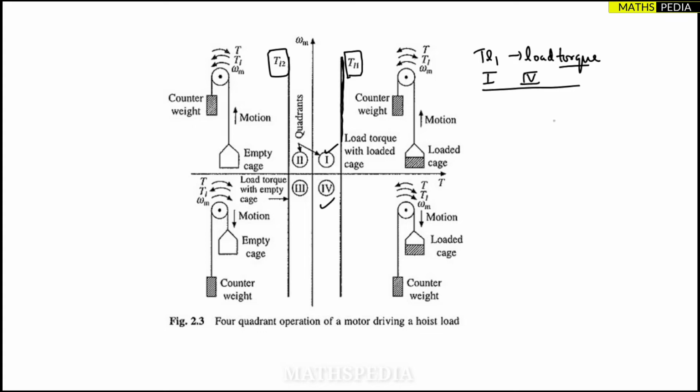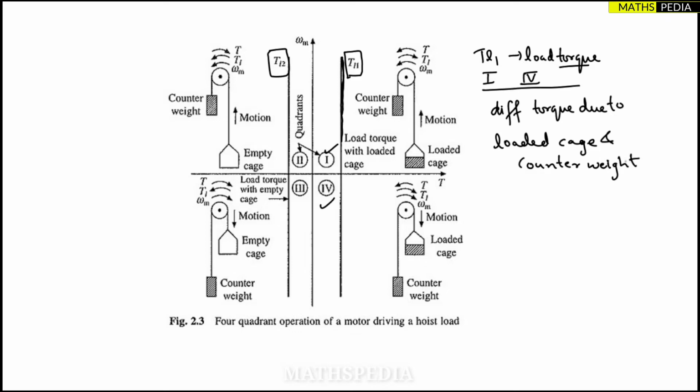And this torque is nothing but the difference of the torque due to the loaded cage and the counterweight. This is important. It is quite simple. If you see in the picture also, load torque with loaded cage.